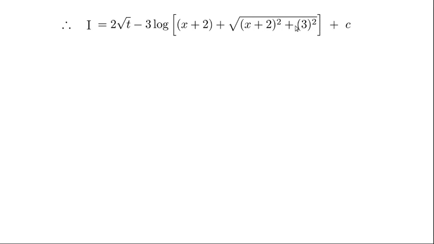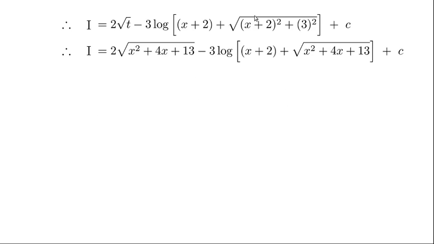On simplifying this, we get the original function. Therefore, I equals 2 times root of x square plus 4x plus 13 minus 3 times log of x plus 2 plus root of x square plus 4x plus 13, plus c.